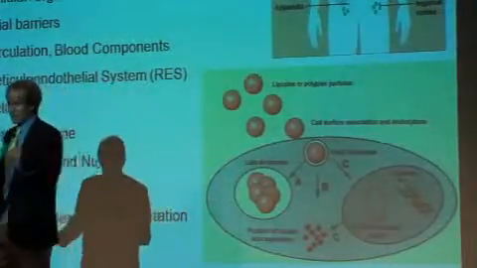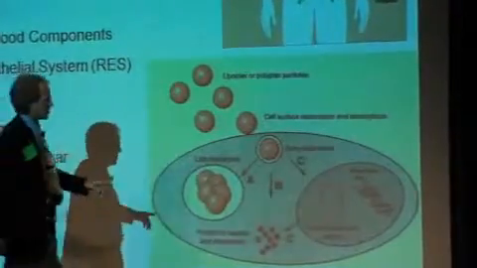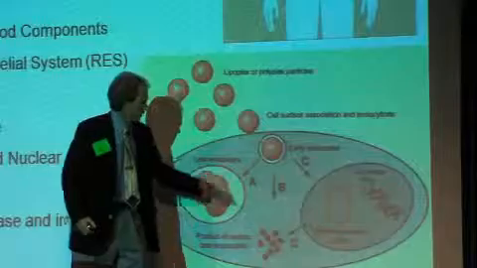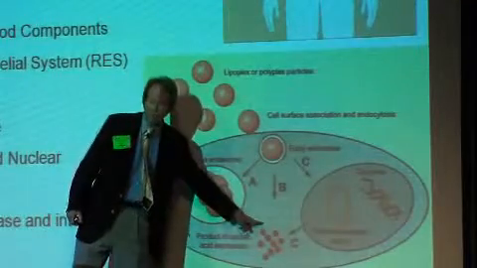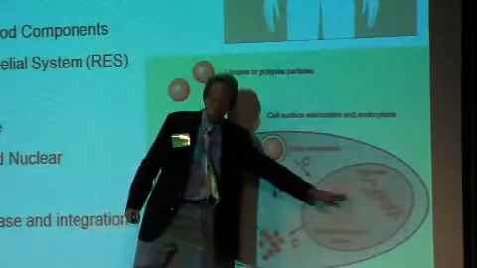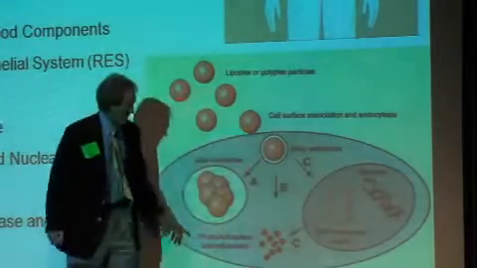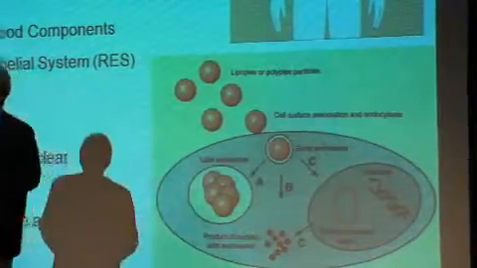The cell makes a decision point: it's going to destroy what it has taken in because it's, quote, dangerous, or it's going to allow that system to escape into the cytoplasm and enact its action either in the nucleus, which is another membrane gate it has to get through, or at the mitochondrial level, another membrane gate it has to get through.